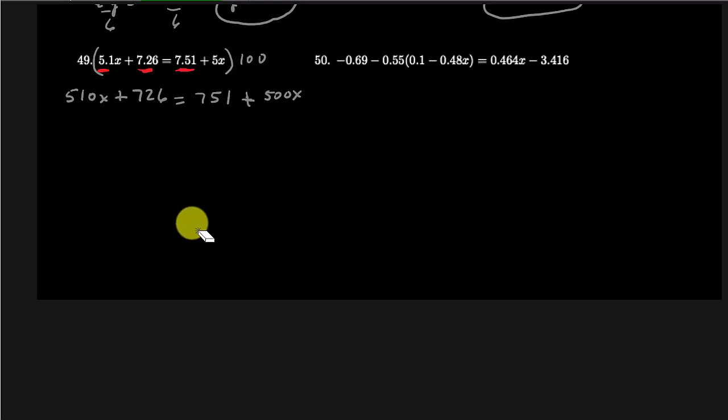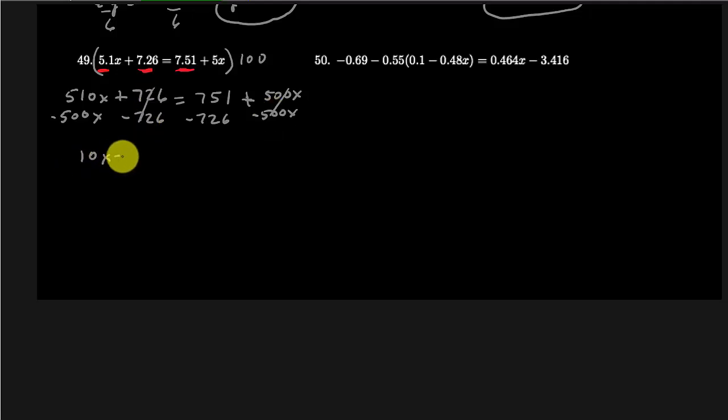All right, don't have to combine like terms, but here we're going to subtract 500x to both sides. We're going to subtract 726 to both sides. So the 500s cancel, the 726s cancel.